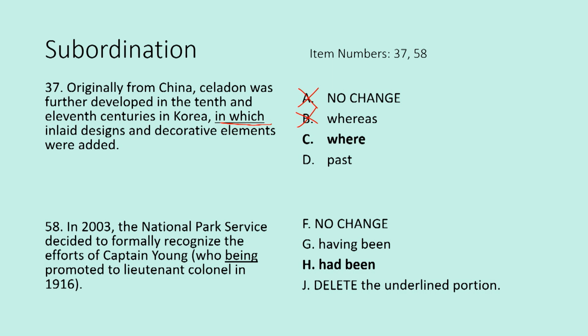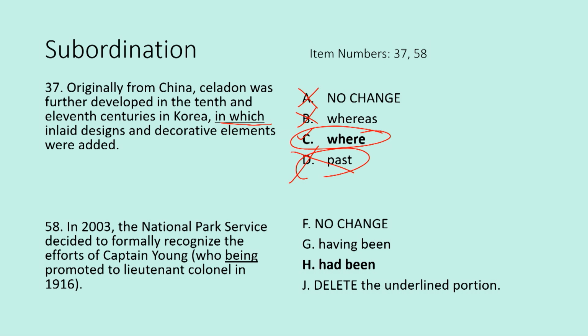That does sound like it's going to be correct. D is past. Past inlaid designs and decorative elements were added. Well, past is not even a conjunction. So we know that is definitely not the answer. So your answer is where.